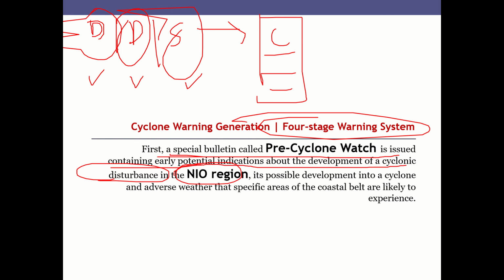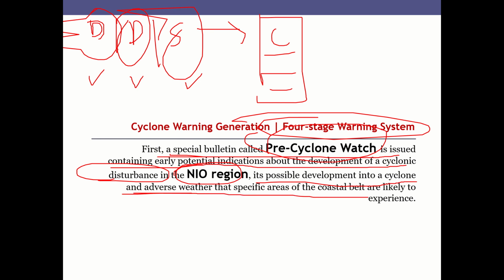Okay, so when there is an observation from the Indian Meteorological Department that there is a possibility, or they have already identified that a cyclone disturbance has formed, a pre-cyclone watch bulletin is sent so that the stakeholders are prepared. It is possible to specify the possible development into cyclone and adverse weather.